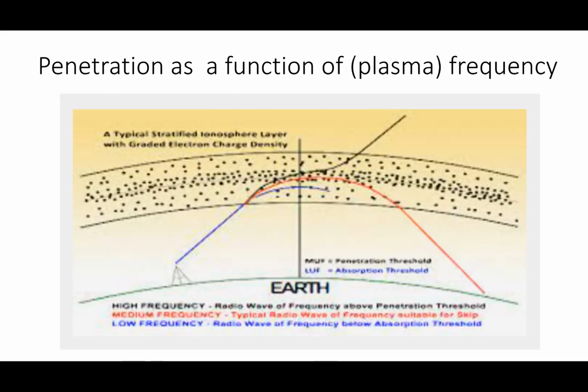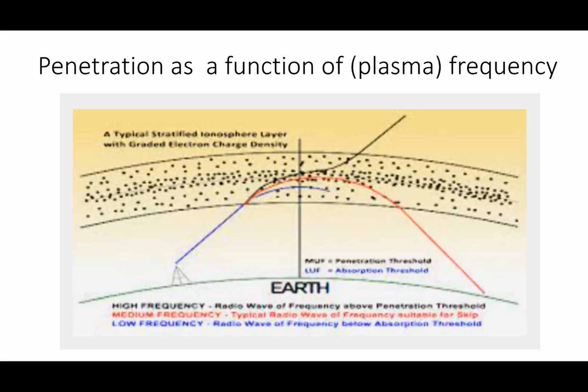Here is a slide illustrating the dependence of the reflection on the frequency of the radio wave. So for radio waves below the plasma frequency of the particular layer that is being met by the radio waves, so at night it would be the F layer, at day it could be the D, E, or F layers.